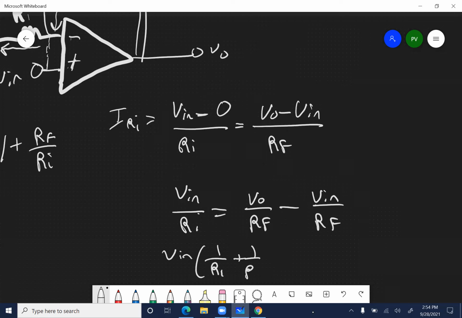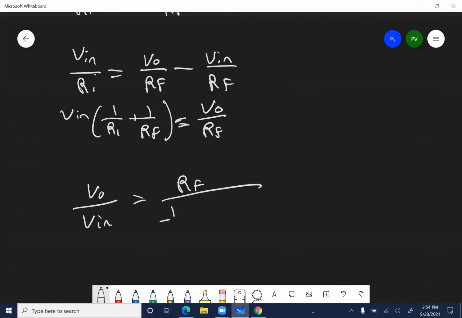Now I need to go ahead and solve for V out over V_in. So V out over V_in is going to be equal to R_F divided by (1 over R_i plus 1 over R_F), common denominator.